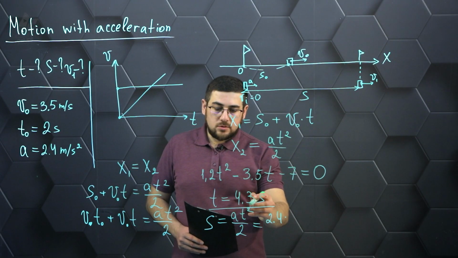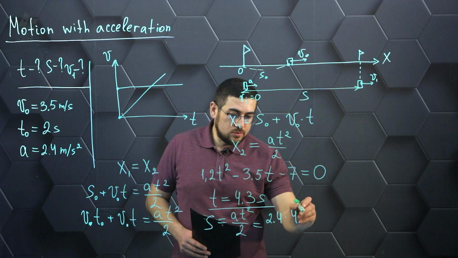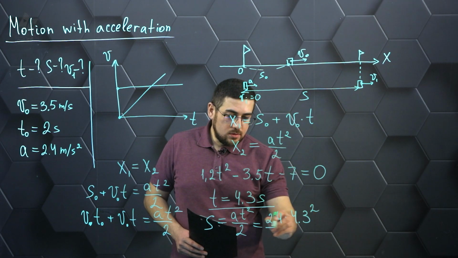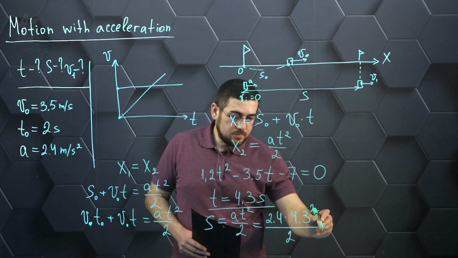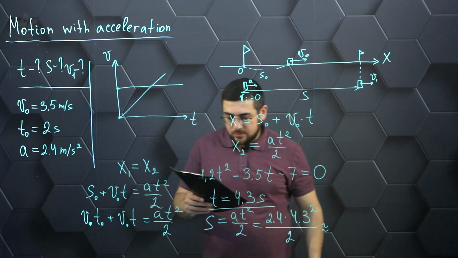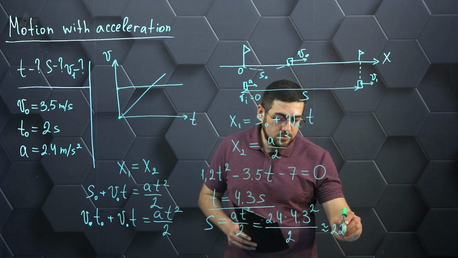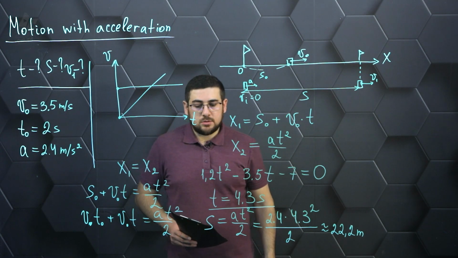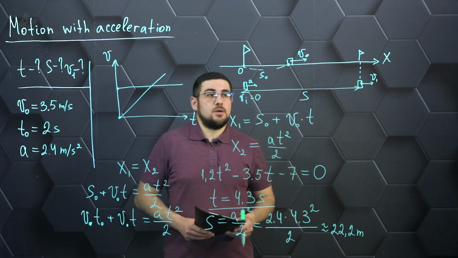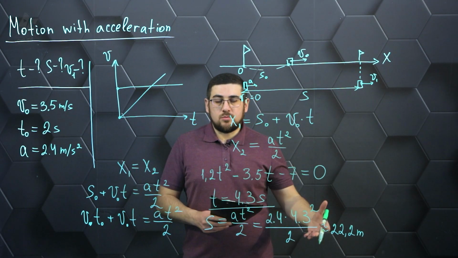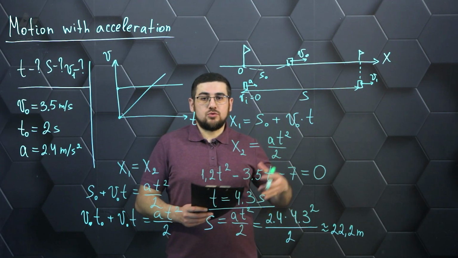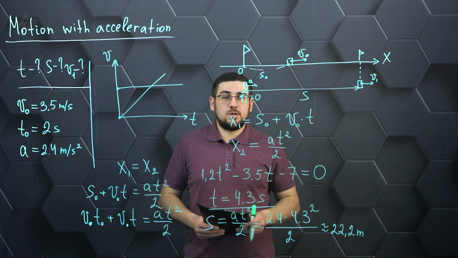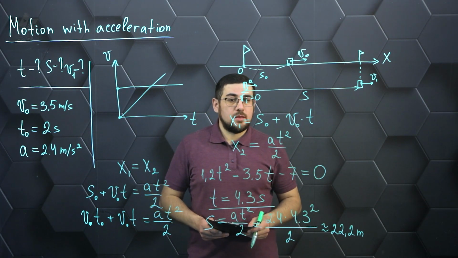Acceleration equals 2.4 meters per second squared, times time squared, let's record it in this manner, and divide by 2. So we've got a value of 22.2 meters. That's the distance traveled by the second cyclist. Here, by the way, both the path and the displacement will be equal because the movement was in one direction. Therefore, the displacement will also be equal to 22.2 meters.